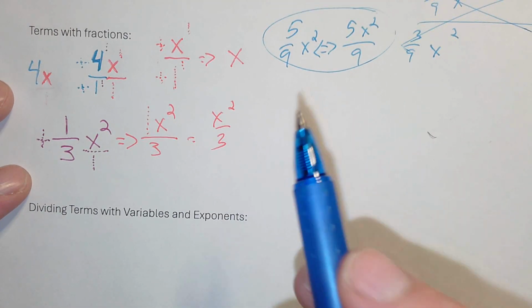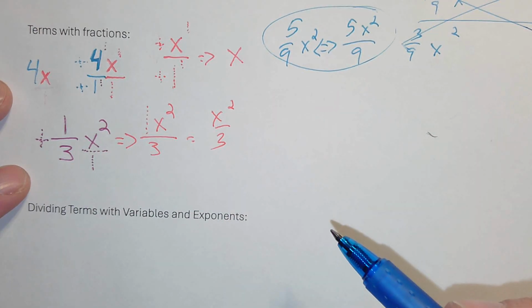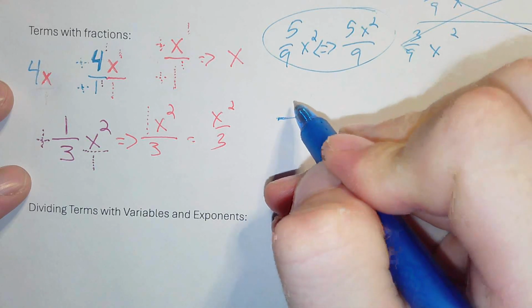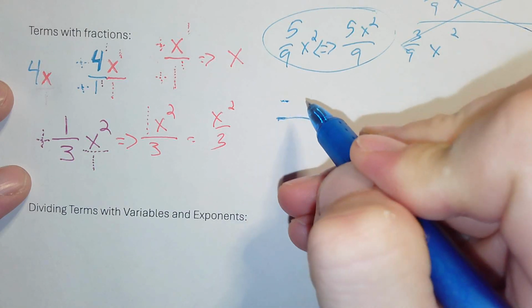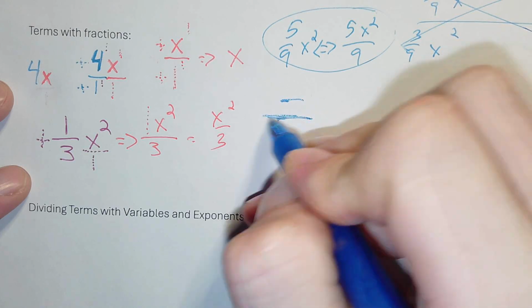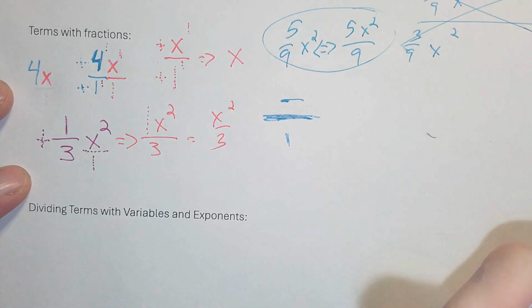All right, and finally, you're going to see negative stuff and positive stuff. Sometimes the negative sign is attached to the coefficient in the numerator, and sometimes it is attached to the coefficient in the denominator.